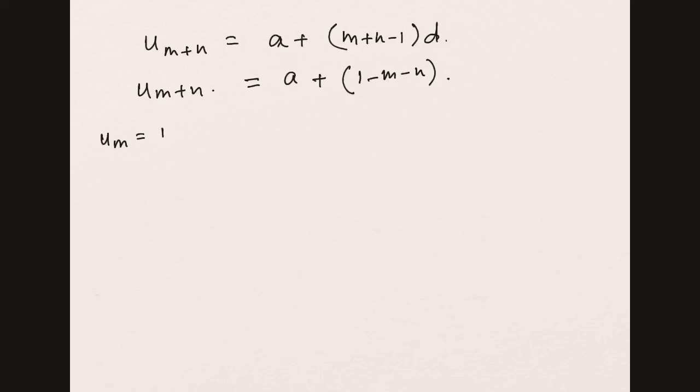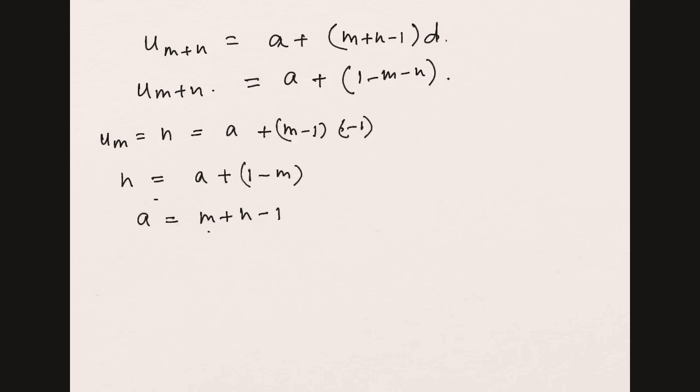Un, that equals m, equals a plus (n minus 1), and d is also minus 1. So what I am having, m equals a plus 1 minus n. So what I am getting, the value of a in terms of m and n, is m plus n minus 1. So same thing, I am replacing it over here.